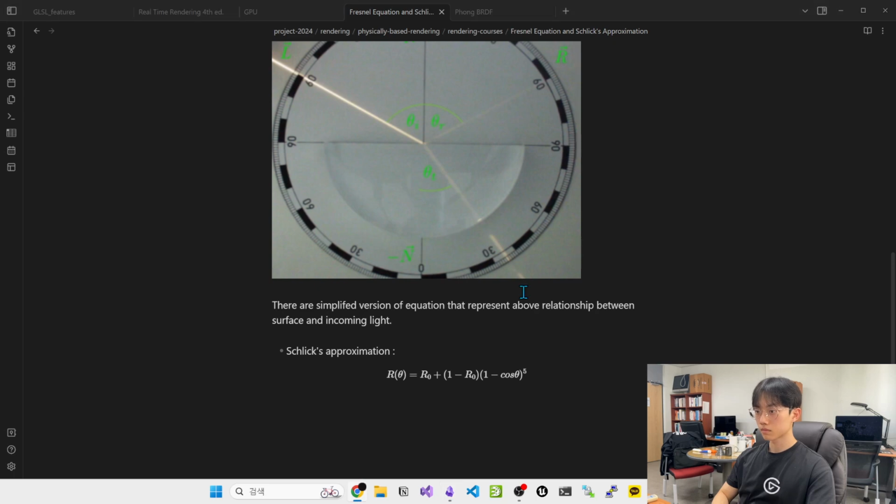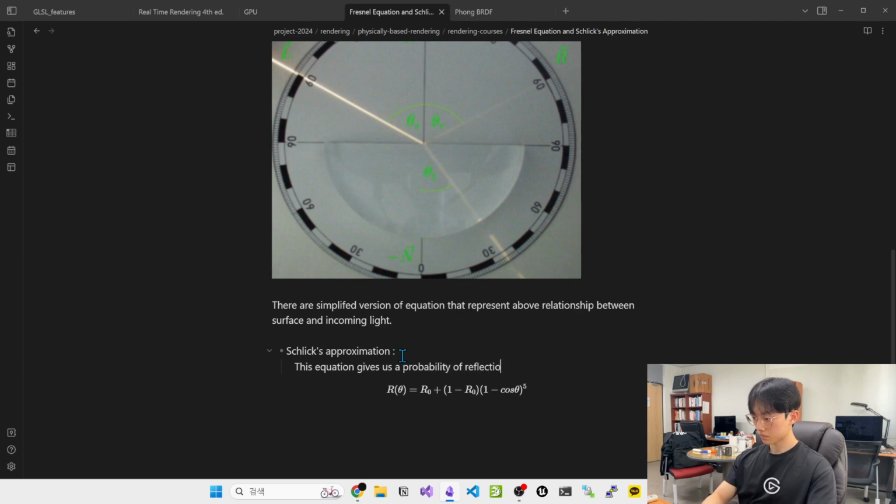So R of theta is the probability of reflection.